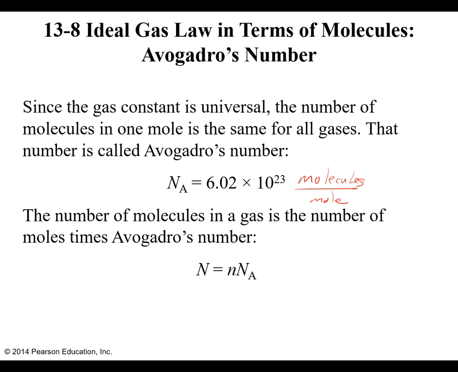And so if you want to know the number of molecules in a gas, any volume, any number of moles, the number of molecules would be the number of moles times Avogadro's number. And we can also solve for the number of moles in a substance. That would be the number of molecules divided by Avogadro's number.